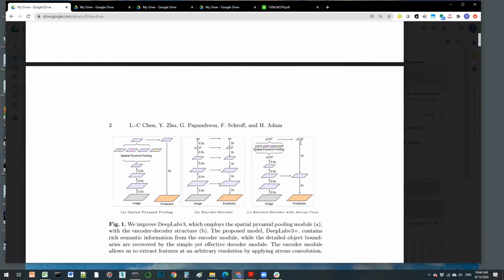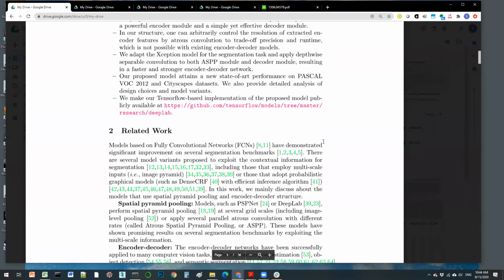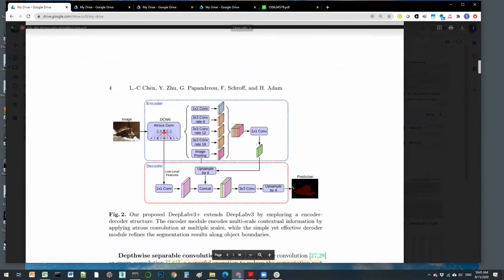So I orient myself by where the upsampling happens and where this and this get concatenated. So this arrow coming in from here, where you upsample, this upsampling by 4x corresponds to this upsampling by 4x.